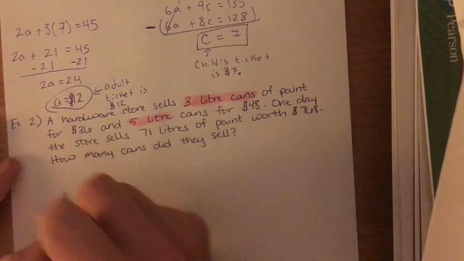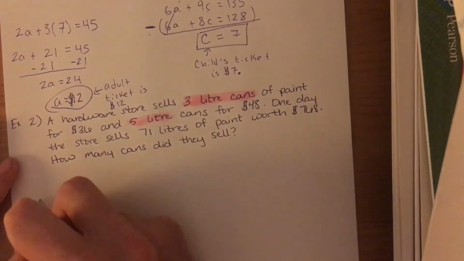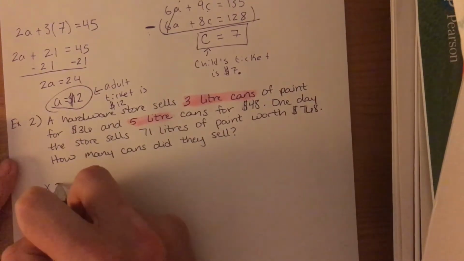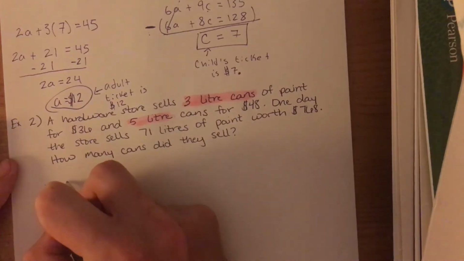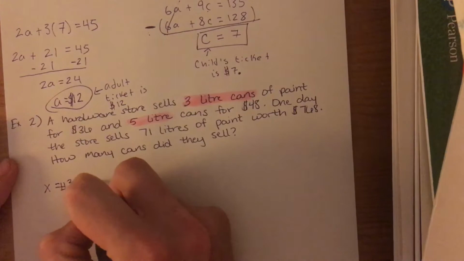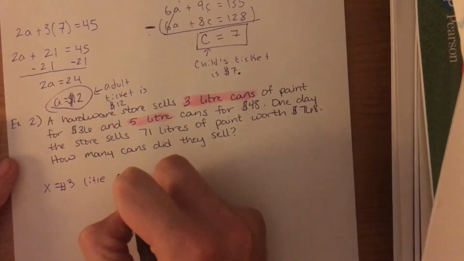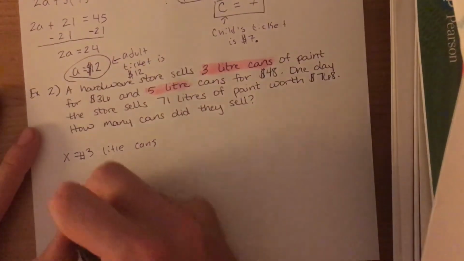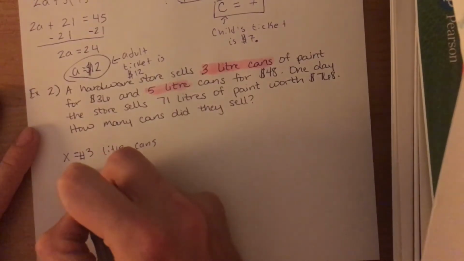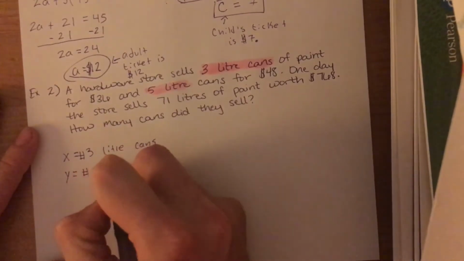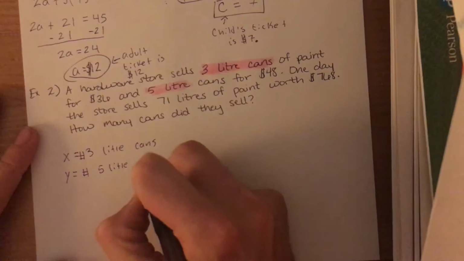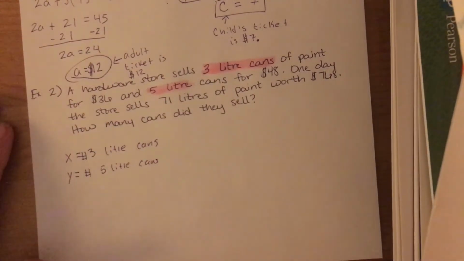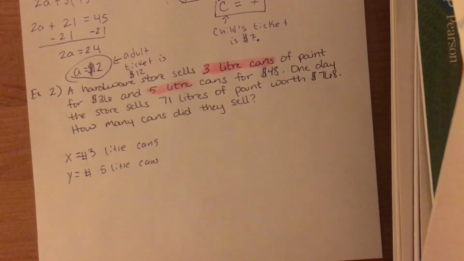Since they're both liter cans, let's just use X and Y. We'll say X equals the number of 3-liter cans. We'll say Y is going to be the number of 5-liter cans. And so what we can do from there is try to set up a system of equations that uses that.